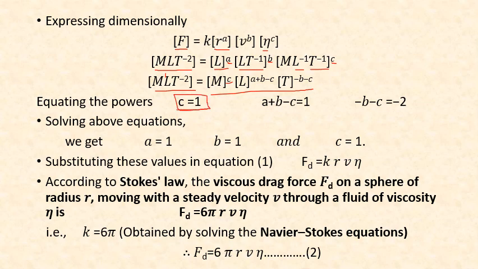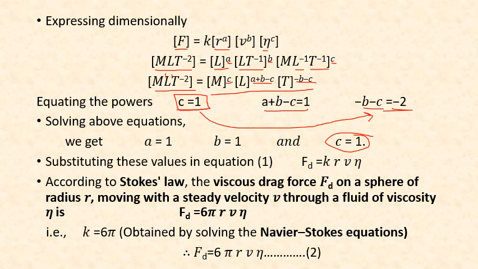Then equating the powers of length, we have L to the power 1, which must be equal to a plus b minus c. Then T is minus b minus c, which must be equal to T to the power minus 2. So minus 2. Solving these three equations, that is, substituting this c here, we get b equals 1, since c is 1, we all know that.